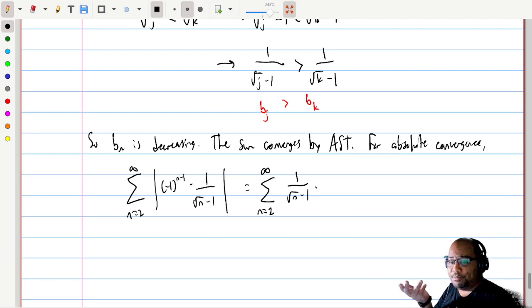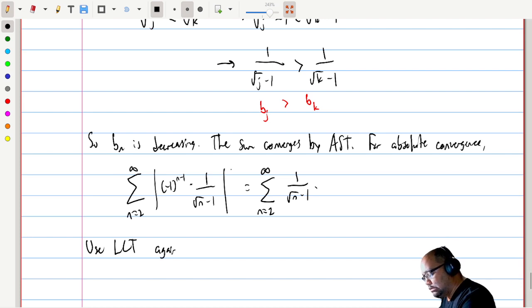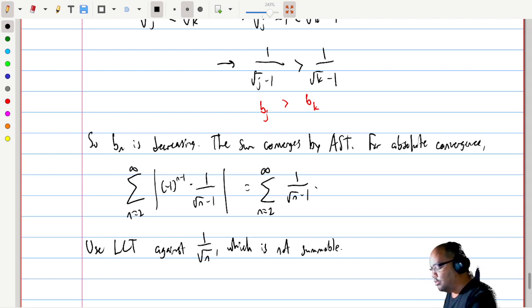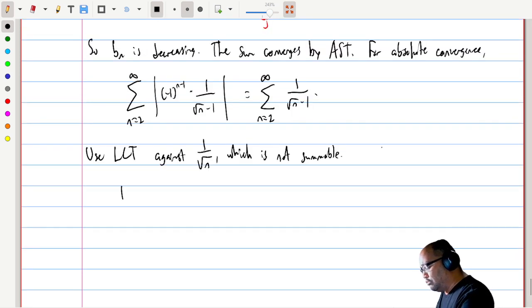This is close to a p-series where p is equal to 1/2. And by the p-series test, if the power p is less than 1, the sum diverges. So we'll use limit comparison against 1 over square root of n, which is not summable.